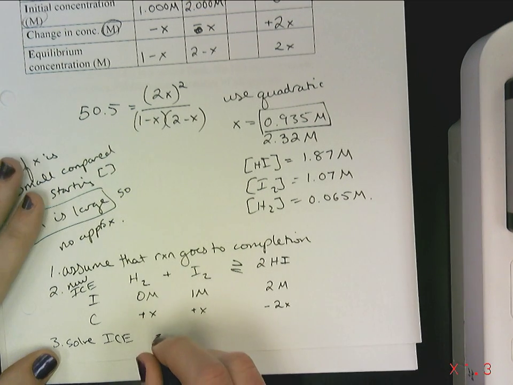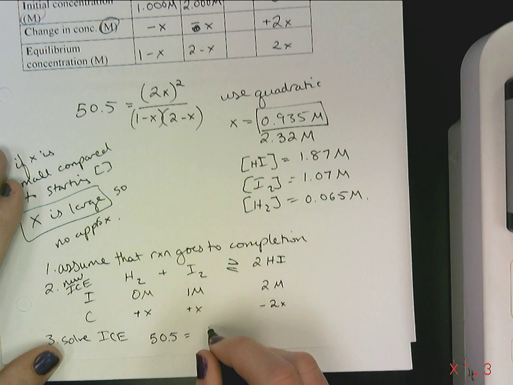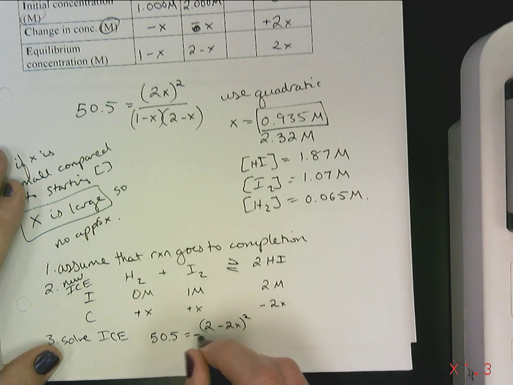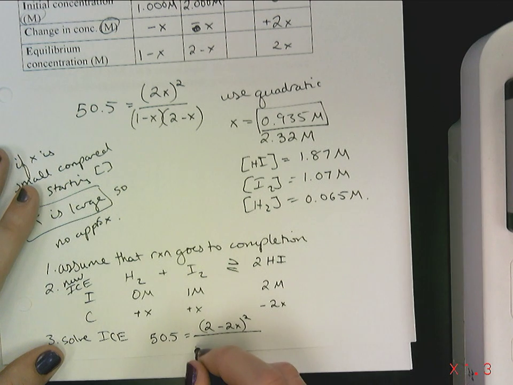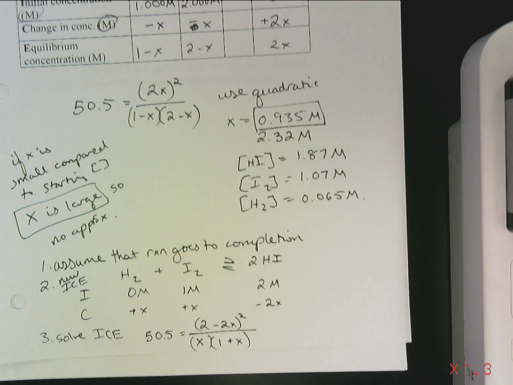Okay, so now in this case I have 50.5 equaling 2 minus 2x squared over x times 1 plus x.